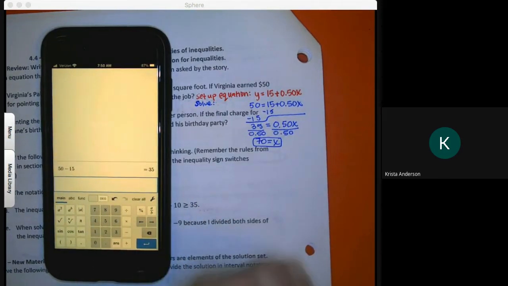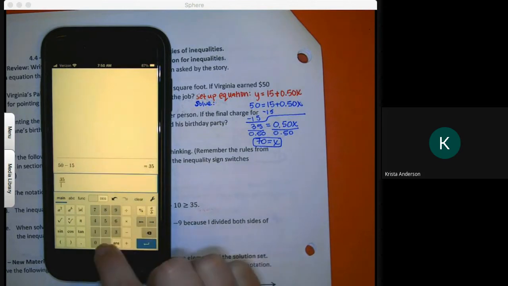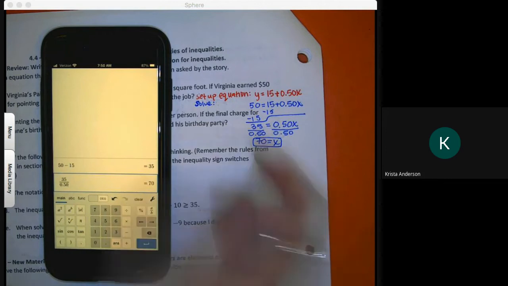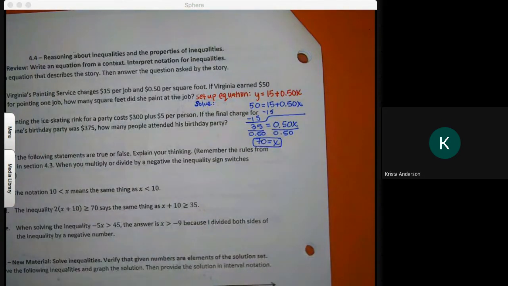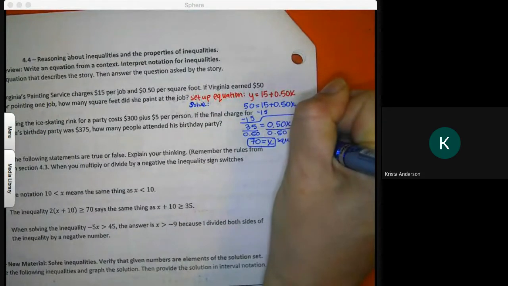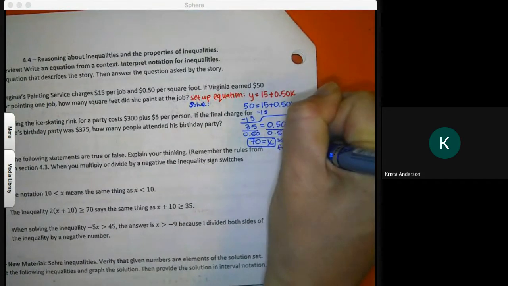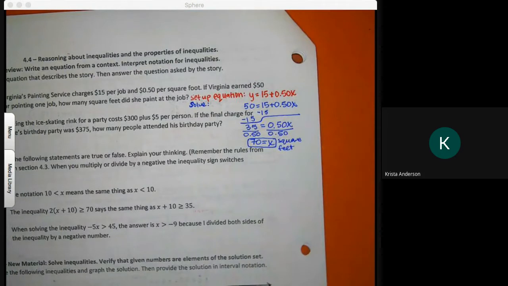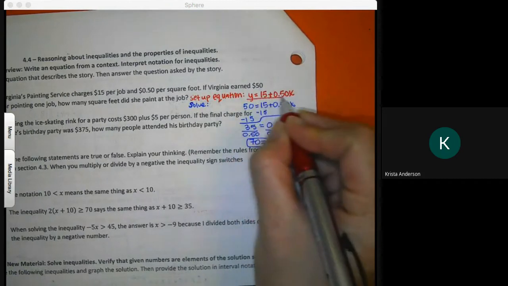And then I take that 35 and I divide it by the 50 cents, which gives me 70. That means that Virginia painted 70 square feet. So my two answers would be what x equals and my equation that I set up.